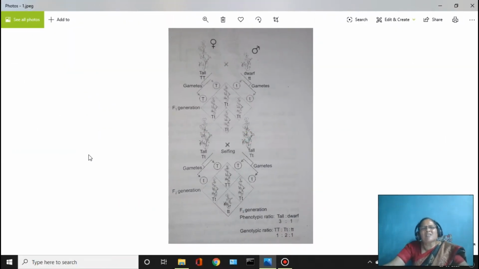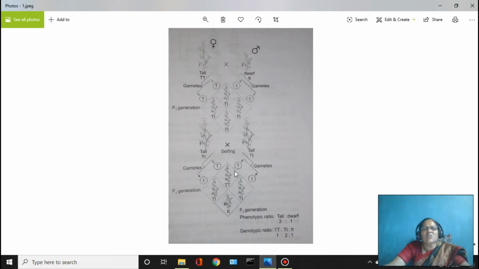Punnett square. Punnett square is a checkerboard device used to determine the genotype of the progenitors of a cross. In a Punnett square, we can see the horizontal and vertical columns.